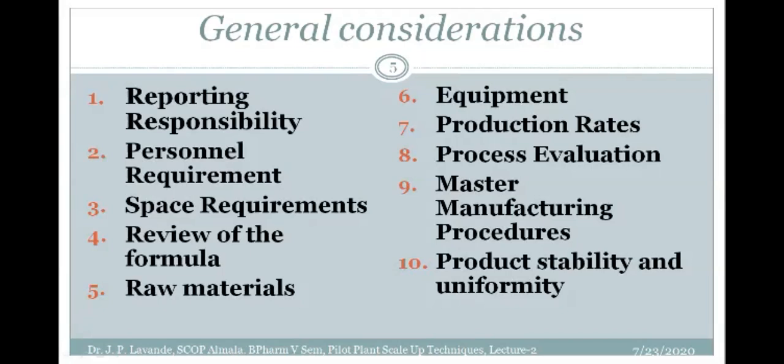Then the different procedures which are going to be adopted during the scaling up and during the plant process, in the form of the records, the procedures, batch manufacturing record, that is the BMR, and likewise some of the stability issues associated with the product and its uniformity, along with the GMP guidelines.